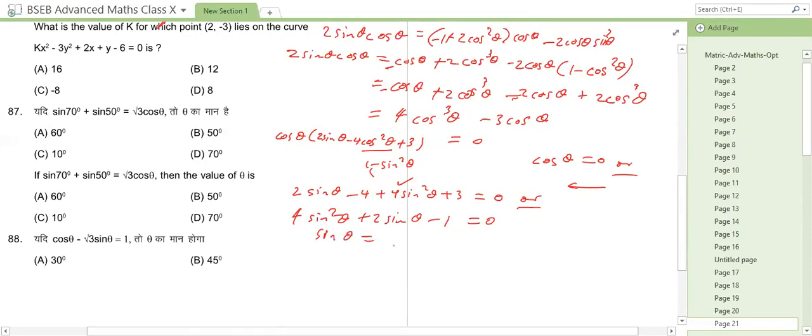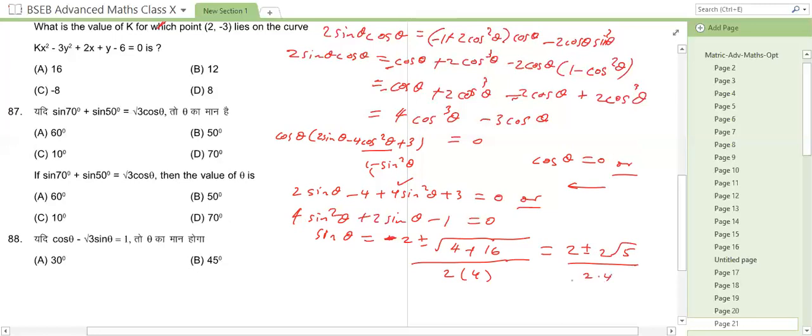Solving this equation, you can have sine theta is equal to minus b, which is minus 2, plus minus square root of b squared minus 4ac. b squared is 4, minus 4ac should be 16, over 2 times 4, which is equal to 2 plus minus square root of 20. Square root of 20 is 4 times 5, 2 root 5, divided by 2 times 4.